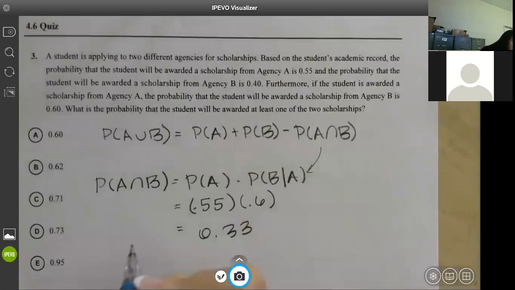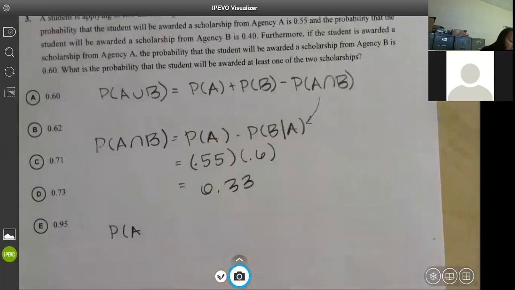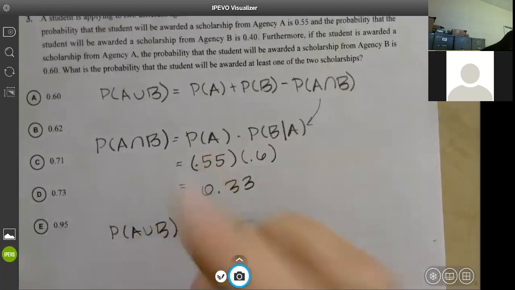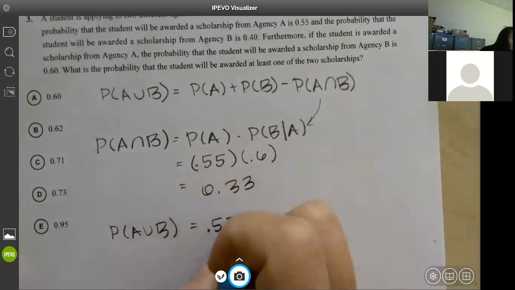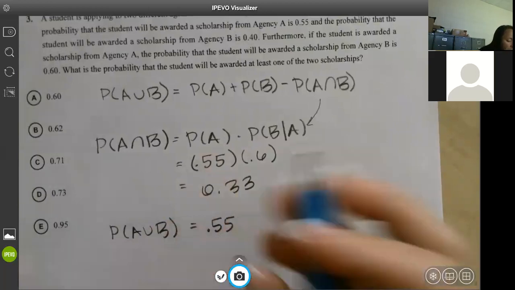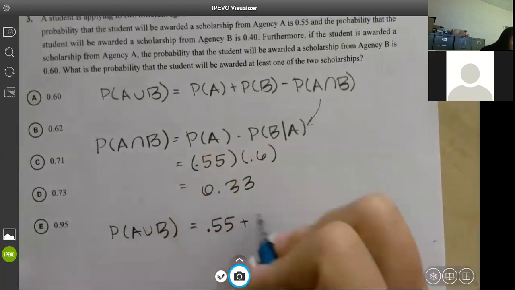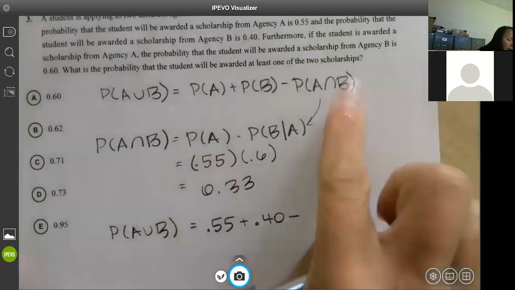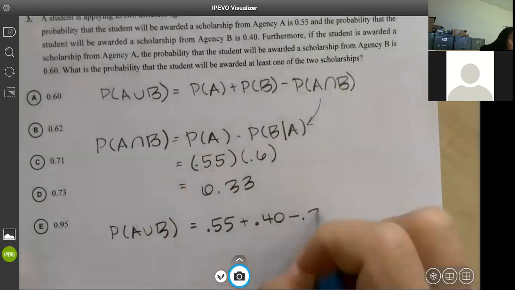So now you're going to actually do the or probability. The probability of A, that you're just going to get scholarship A, is 0.55. The probability you're just going to get scholarship B is 0.4. And then we have to subtract out the overlap. The overlap is 0.33.